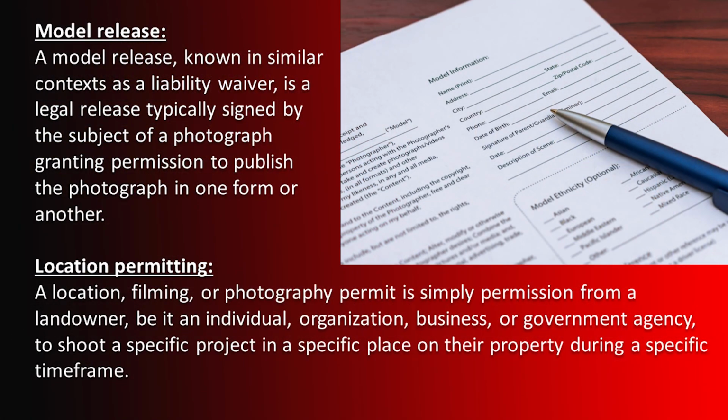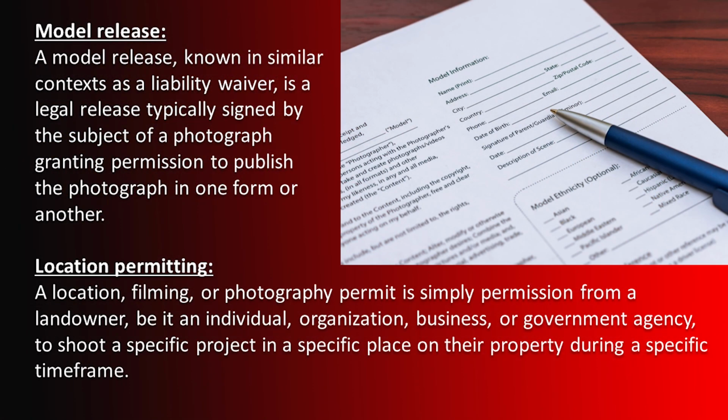Model release. A model release is known in similar contexts as a liability waiver. In other words, it is something that the subject itself signs and gives permission to use their likeness, image, etc. Location permitting.